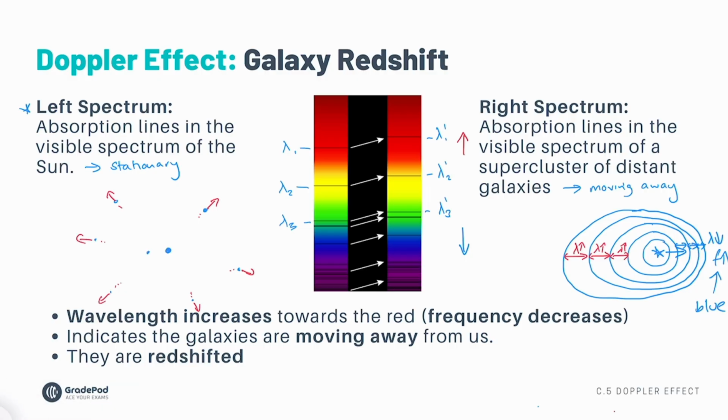Of course, there's the odd galaxy that's moving towards us and is blue shifted, but that's on a localized level. On a larger, more generalized level, everything is moving away. It's expanding. And this galaxy redshift of the spectra is the reason that we believe the universe is expanding. Sorry, it's one of the reasons we believe the universe is expanding.